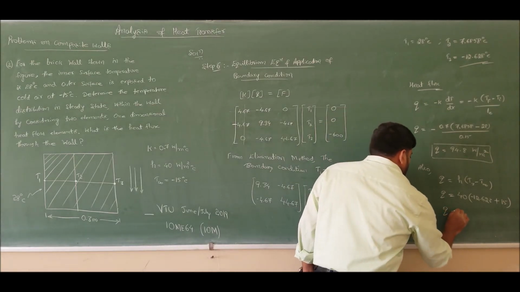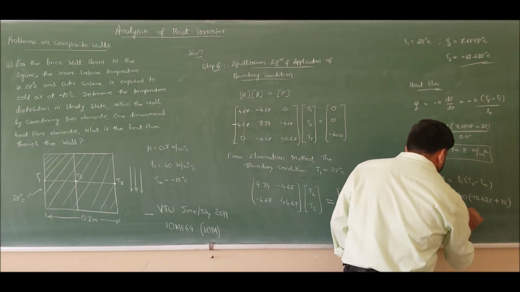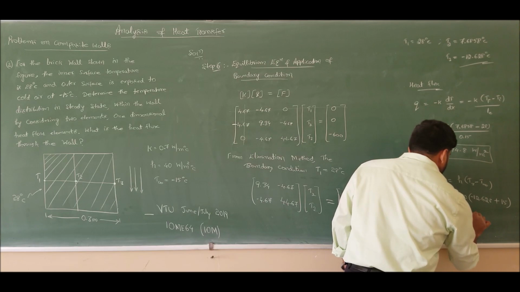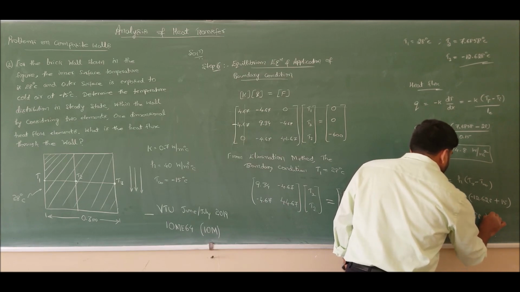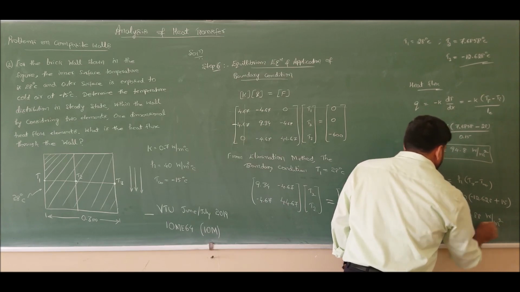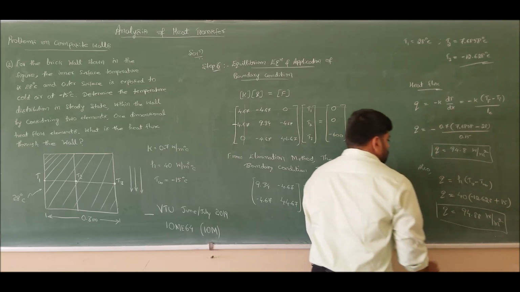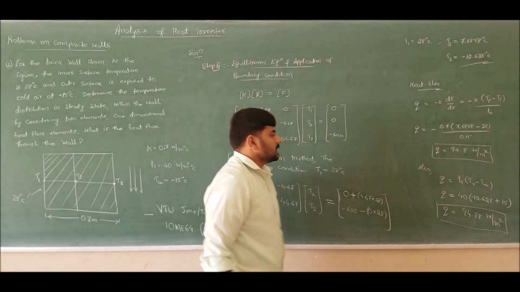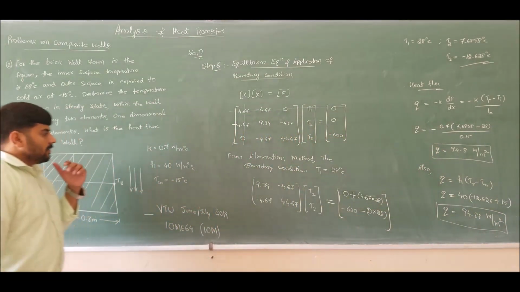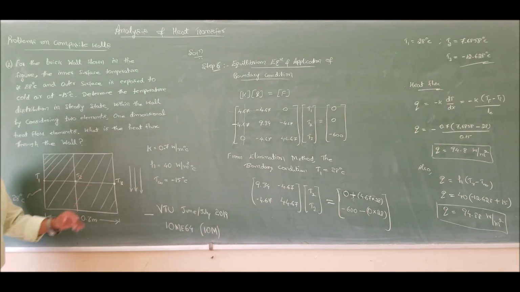So therefore the value of q for this also is 94.88 watt per meter square. From this it is clear that the rate of heat flux through this brick wall is constant because we are doing steady state analysis.